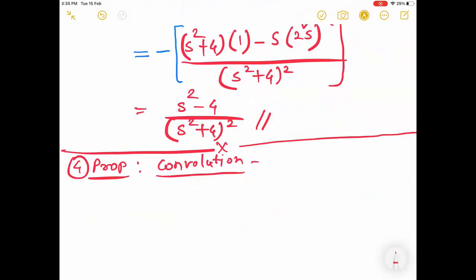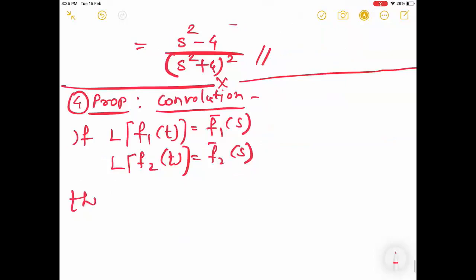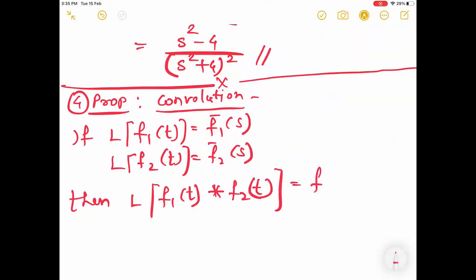That means, once again, if the Laplace transform of one function, I'll take it as f1(t), is f1 bar(s), and the Laplace transform of, say, f2(t) is f2 bar(s), then if there is a convolution between these two functions, f1(t) star f2(t), we take it as a star operation, convolution between the two will give you the answer f1 bar(s) into f2 bar(s).